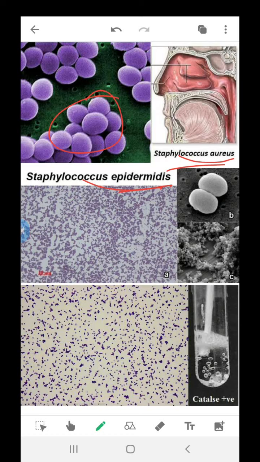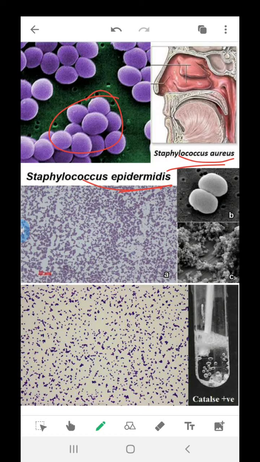Now, structural components. The cell envelope of Staphylococci is composed of a microcapsule and a cell wall consisting of alternating units of N-acetyl glucosamine and N-acetyl muramic acid.